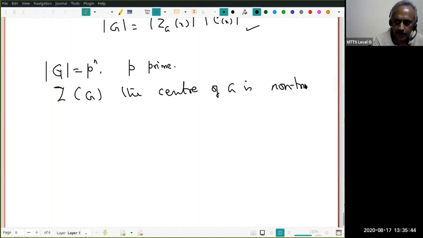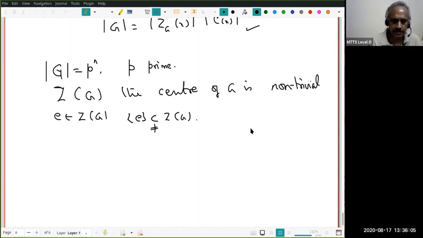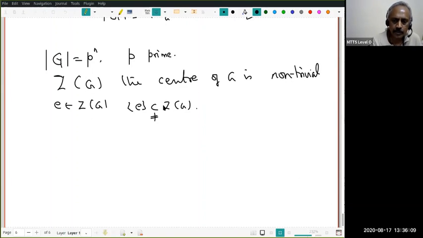What does it mean? Notice that the identity element is always an element which commutes with all elements of G. So you want to say there is at least one non-identity element which commutes with every element of G. That's what we mean by this. So Z of G, the singleton identity, is a proper subset. That's what it means. Okay. So we want to say Z of G is non-trivial.